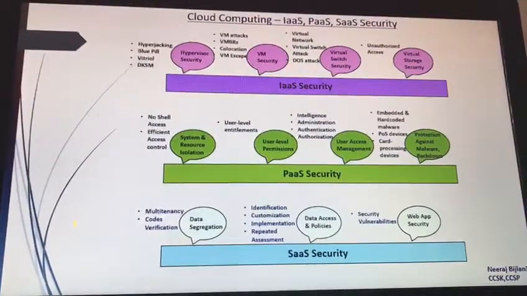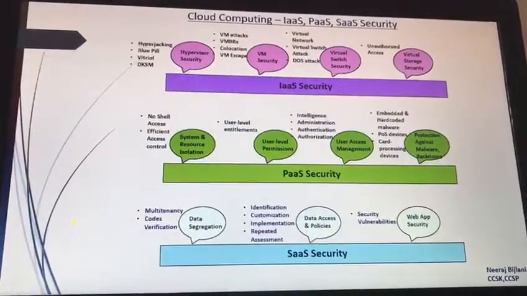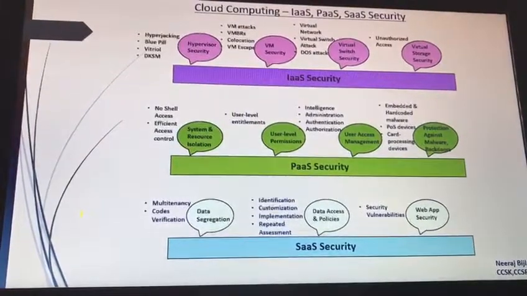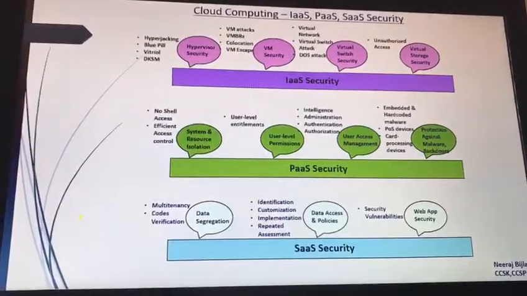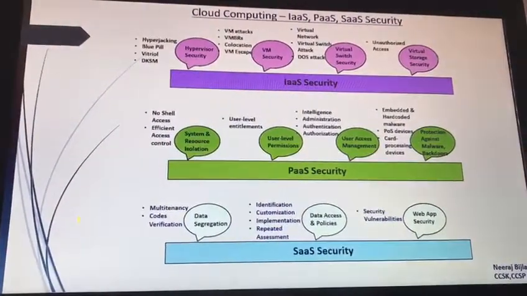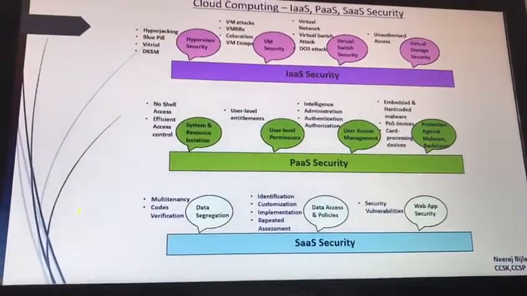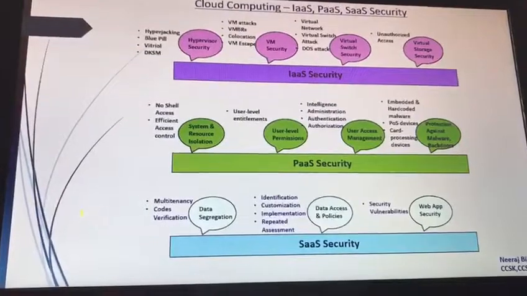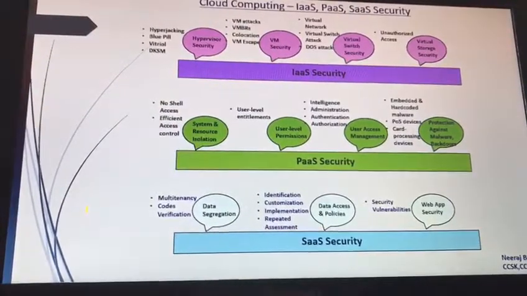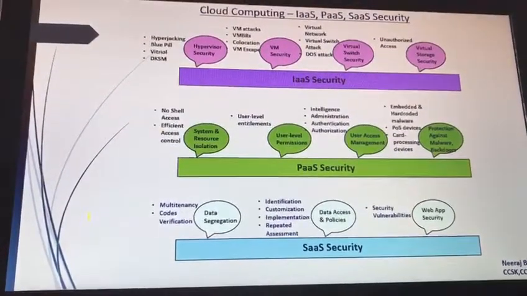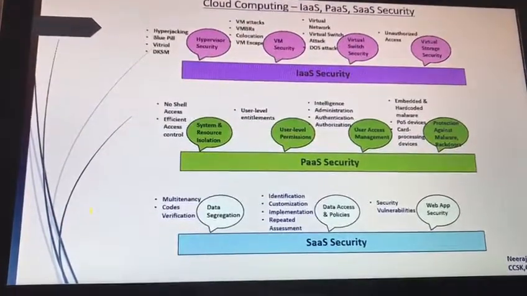So there are many components that we need to secure in the IaaS security model, like all the underlying infrastructure that IaaS service providers, CSPs, provide. The main components are hypervisor security, VM security, virtual switch security, virtual storage security.